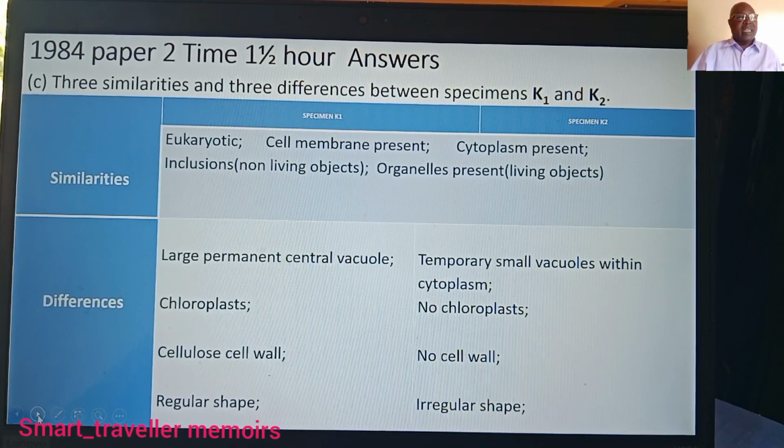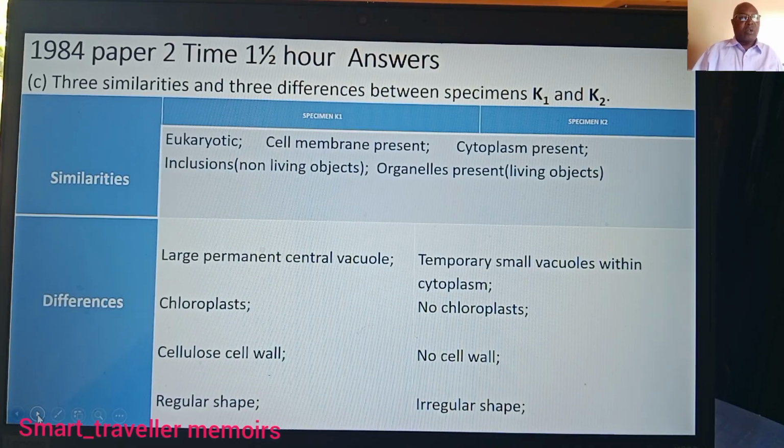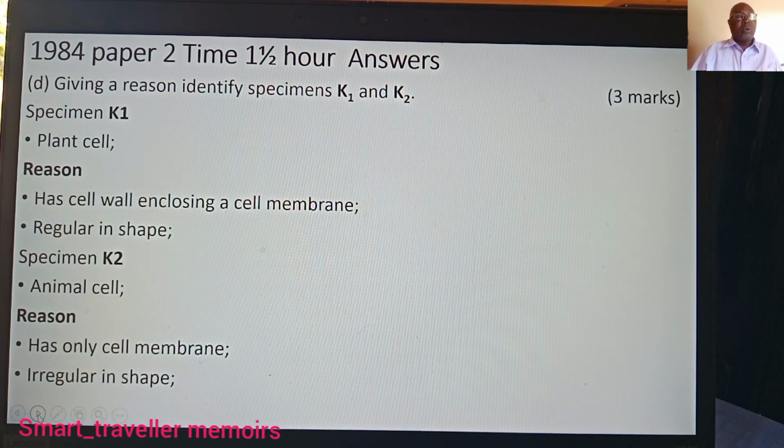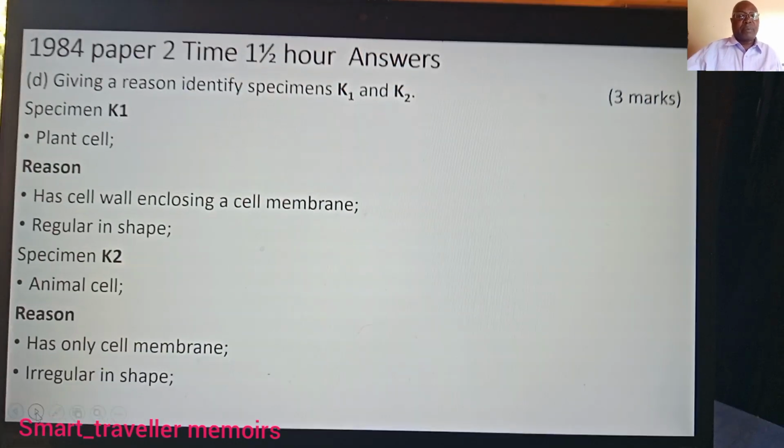There is a cellulose cell wall in K1, but no cell wall in K2. And finally, specimen K1 has a regular shape, while specimen K2 has an irregular shape.